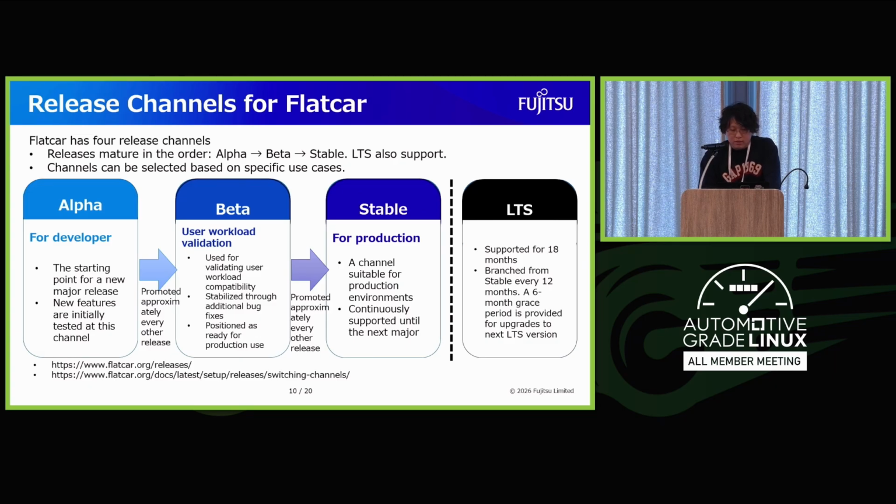In this way, Flatcar provides multiple release channels. Users can choose the channel depending on their use cases. For example, beta can be used in a test environment, while stable can be used in the production environment. By using LTS, long-term operation is also possible.